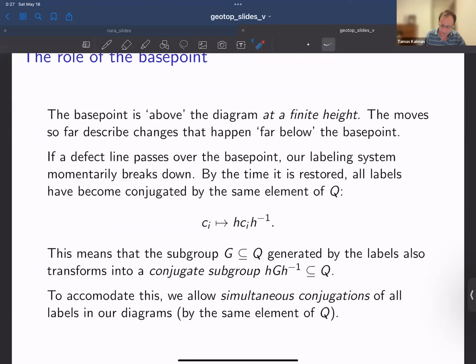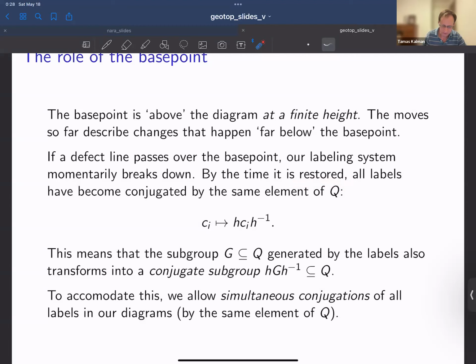So in that case, this labeling system, when I refined the labels from conjugacy classes of Q to actual elements of Q, breaks down in such moments. Then it's restored after the strand passed over the base point and returned down to rejoin the others down there.